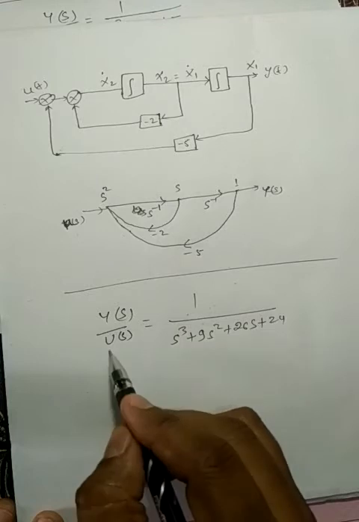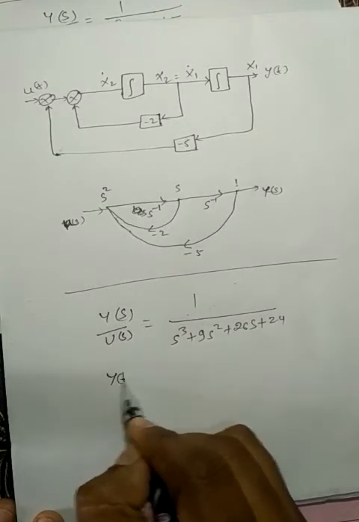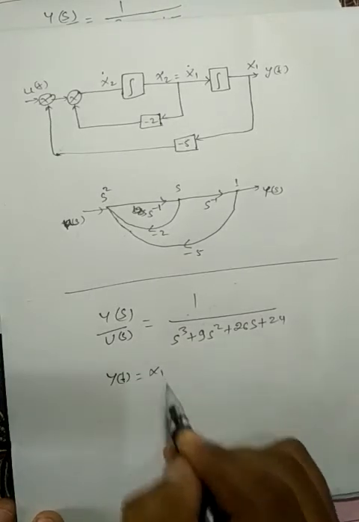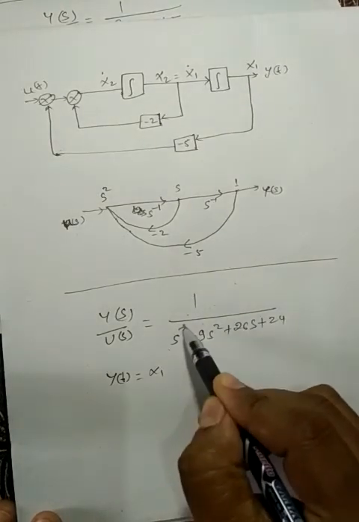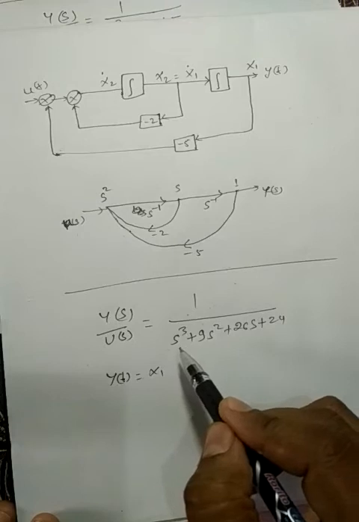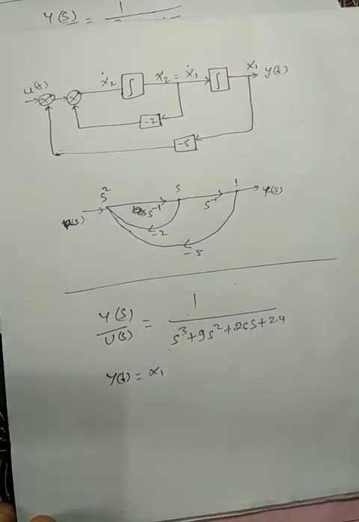Y(s) is the output, so let y(t) be equal to x1, and since here we have an order 3 equation, s to the power 3 means d3/dt3 we will get.